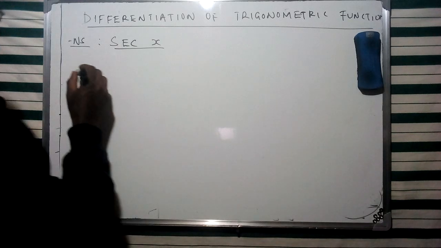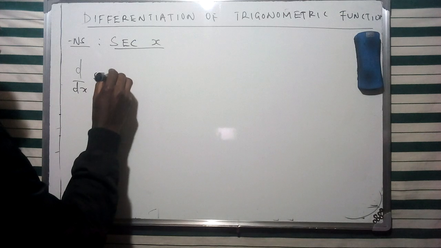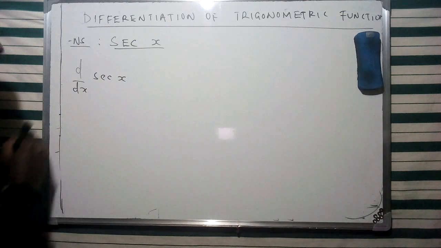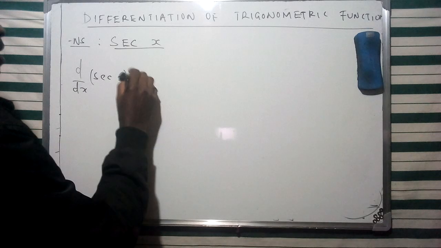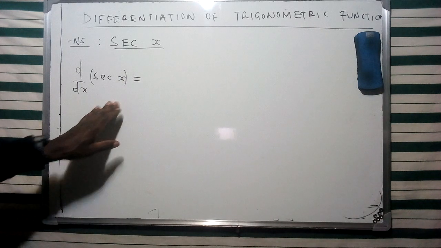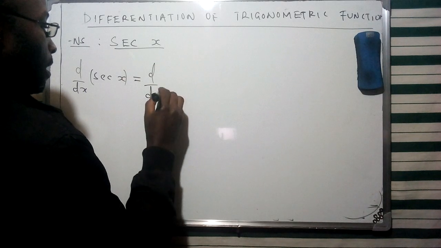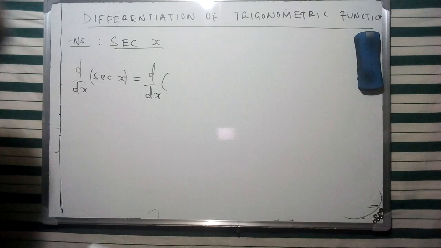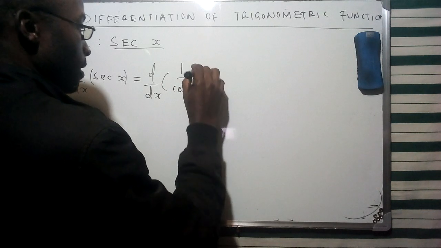We are going to represent this in terms of d over dx of sec x. In this particular case, we are going to use the concept that this is the inverse of a function, and we can equate this to d over dx of 1 over cosine of x.